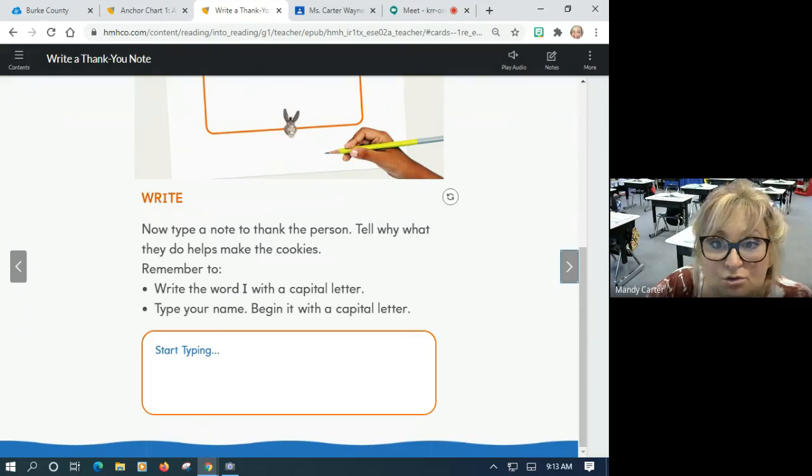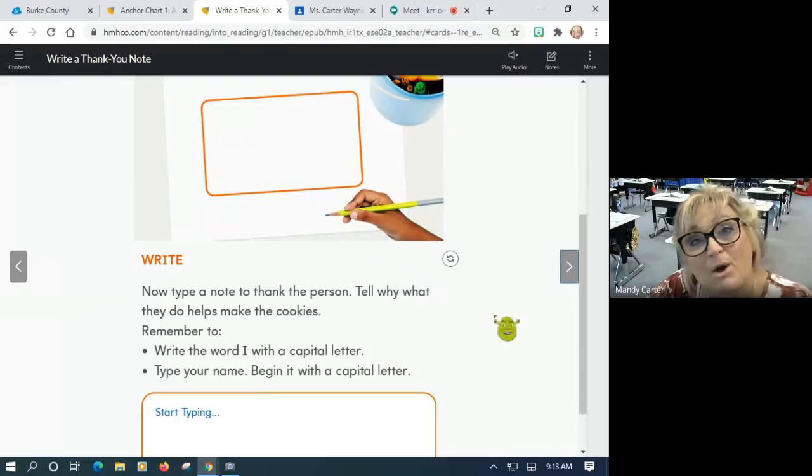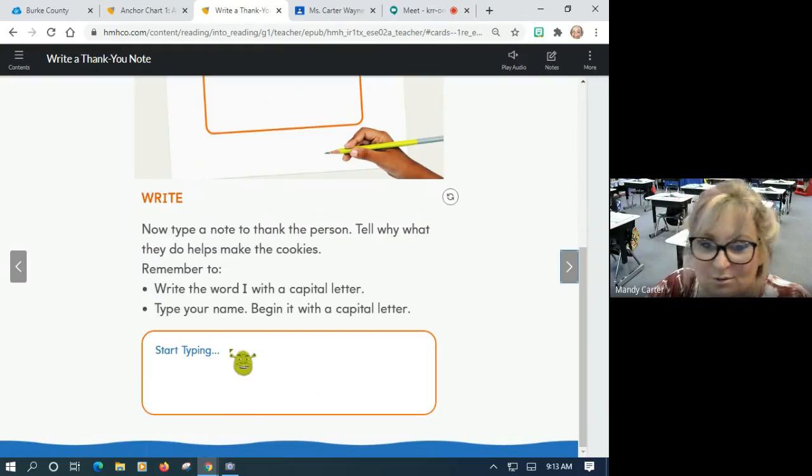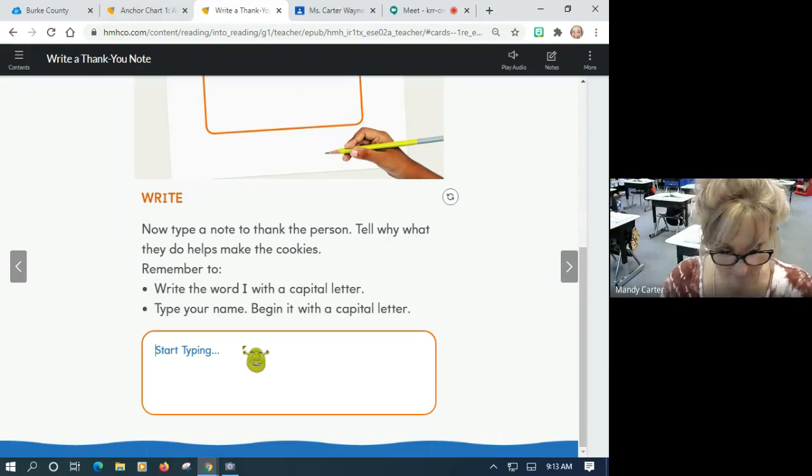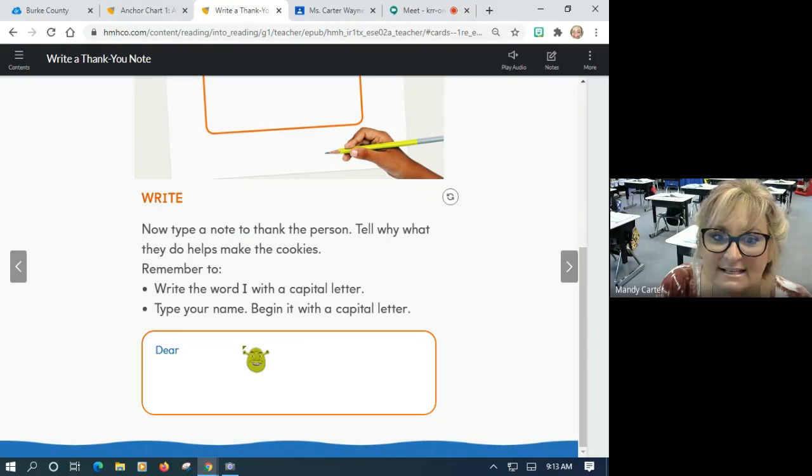So when you draw the picture of your person from the story that you thought was the most helpful and maybe most interesting, write them a thank you note. Like I would put, dear, I want to think of somebody, one of the interesting things.